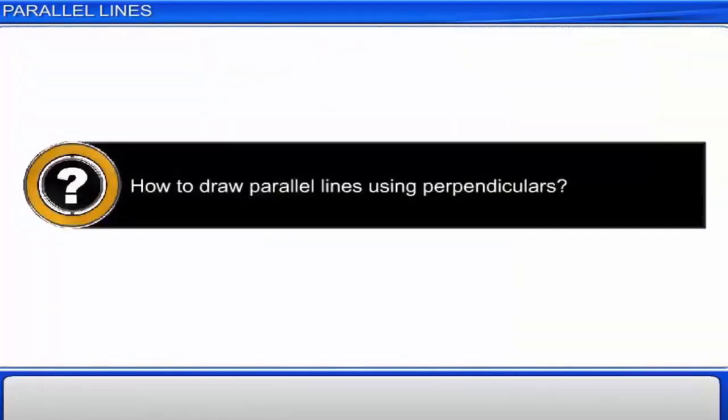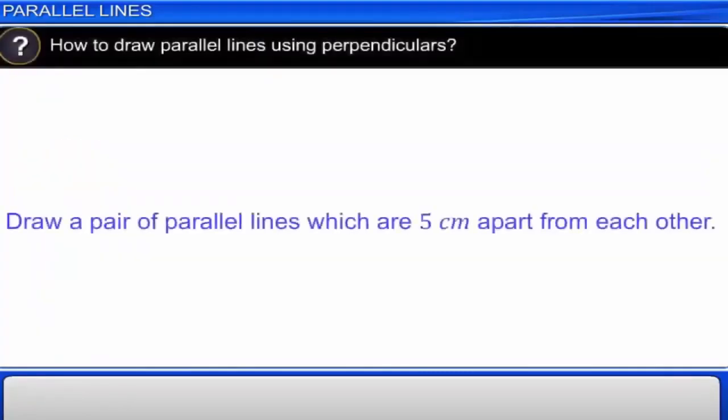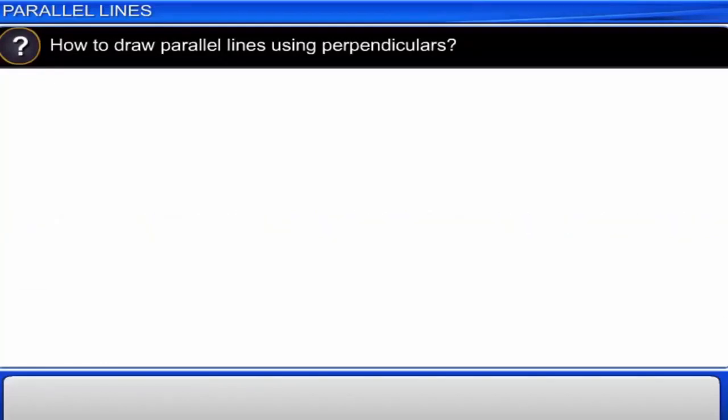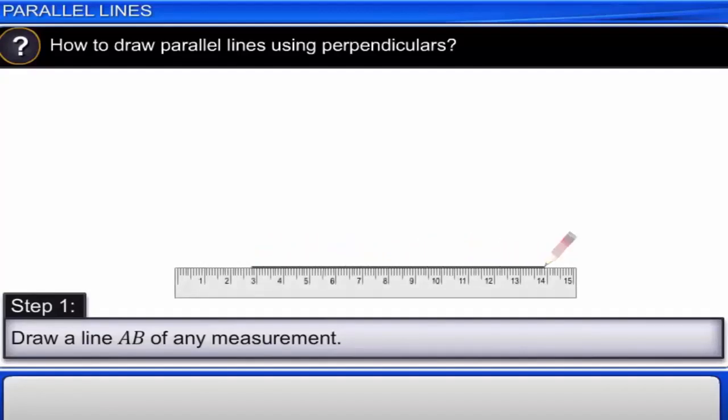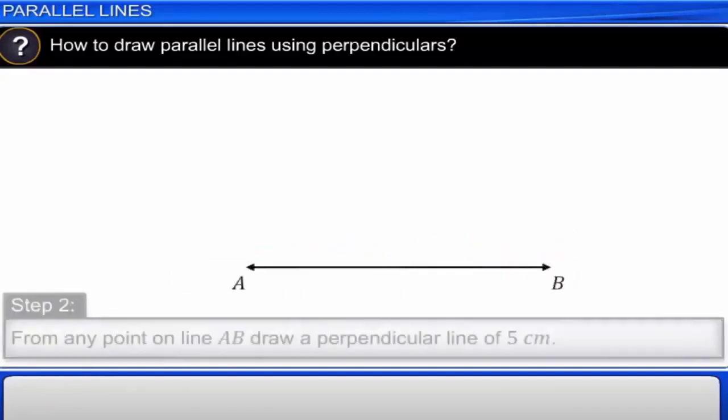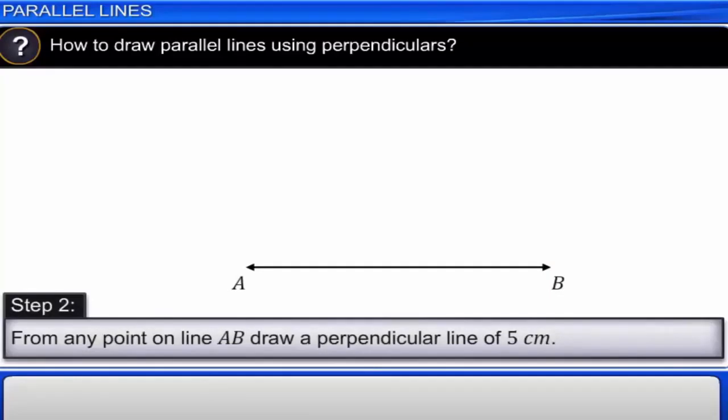Let's learn the procedure to draw parallel lines using perpendiculars. Draw a pair of parallel lines which are 5 centimeters apart from each other. First, draw a line using a scale. Label it as AB. Draw a line PU of length 5 centimeters perpendicular to AB as shown.